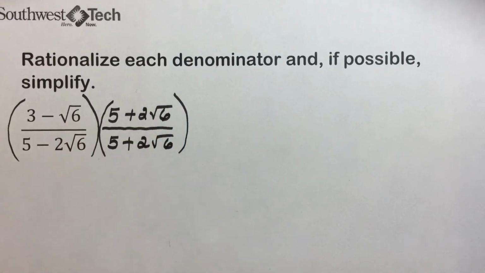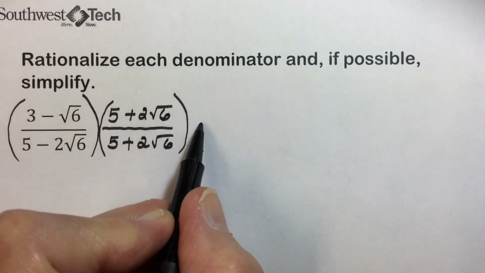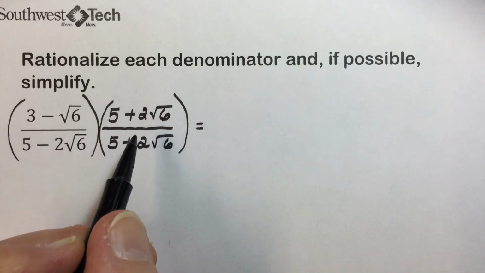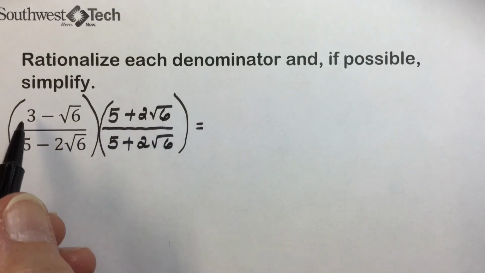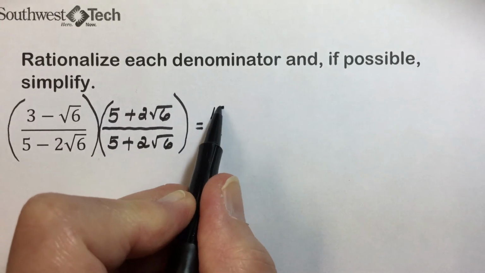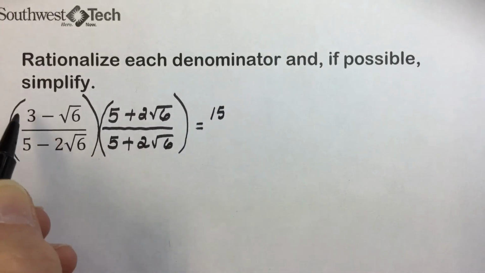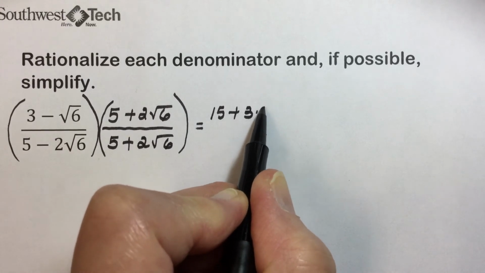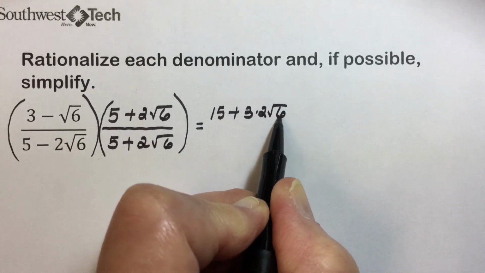Next, we'll multiply these terms together in the numerator. Essentially, we have a binomial times a binomial, so we'll use the FOIL method. 3 times 5, 15 for the first terms. Outer terms multiplied together will be a positive 3 times 2 times the square root of 6.